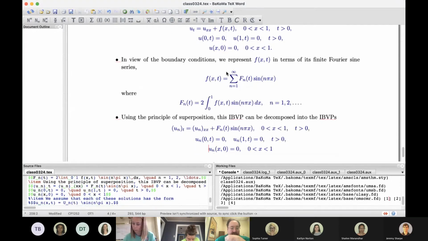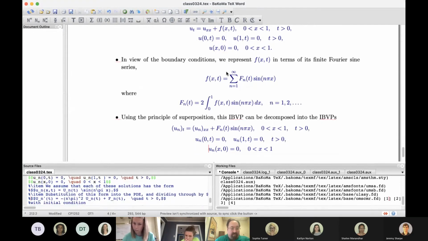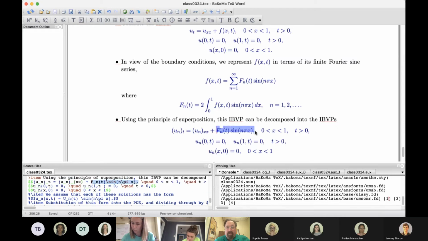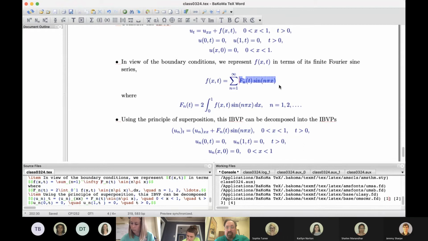So let's suppose I solve this PDE, where I have u_t equals u_xx, but applied to u_n, not all of u. And in here, my source term, I have just one of these terms, not the whole thing.